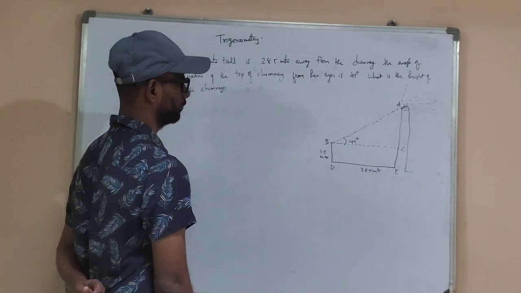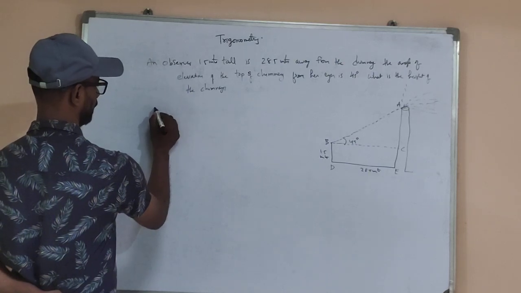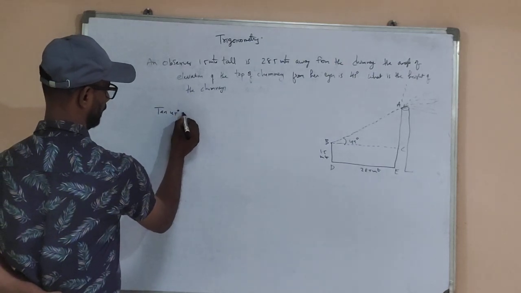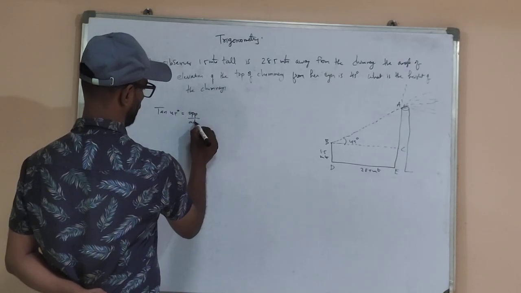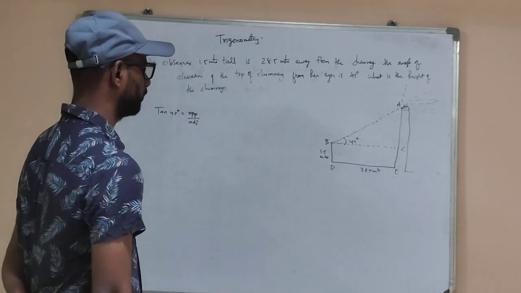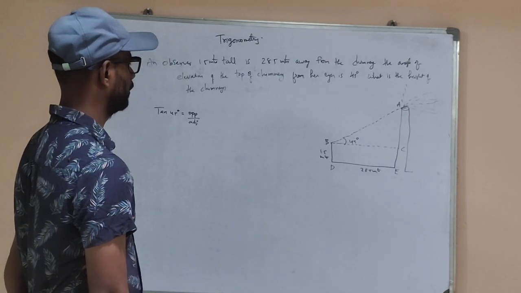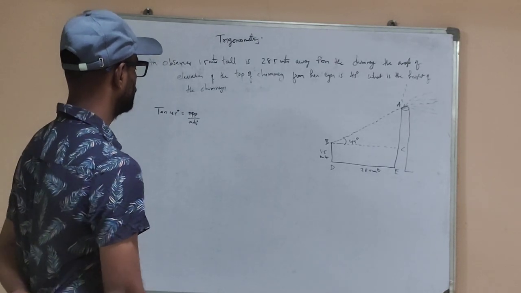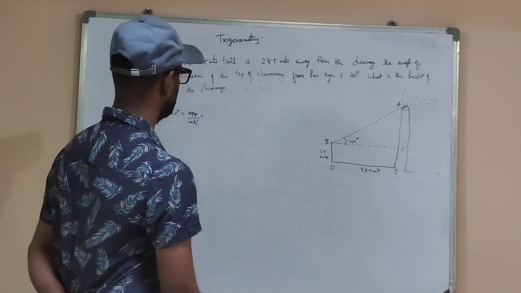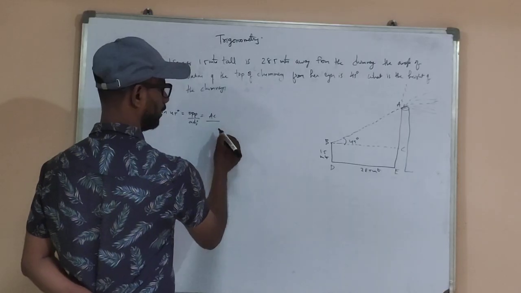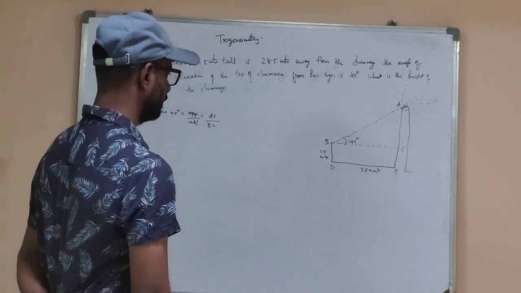Now take tan 45 degrees, which is equal to opposite by adjacent. The opposite side is AC, and the adjacent is BC.